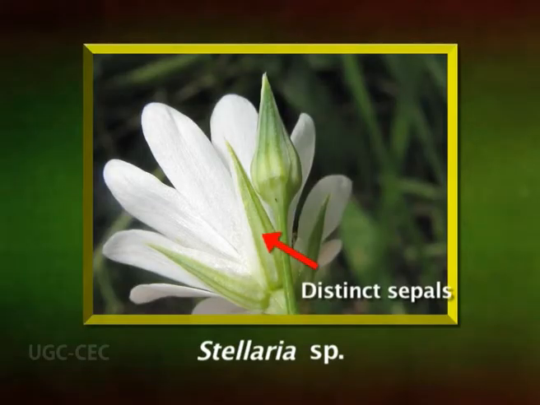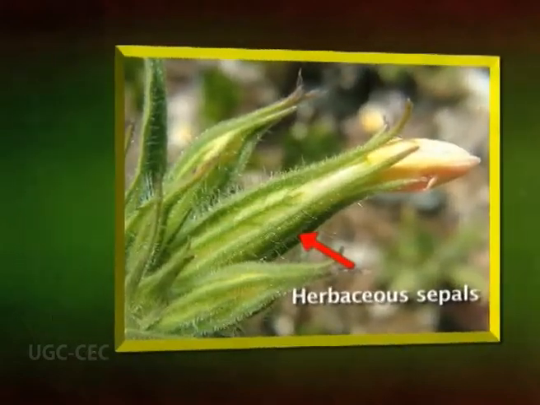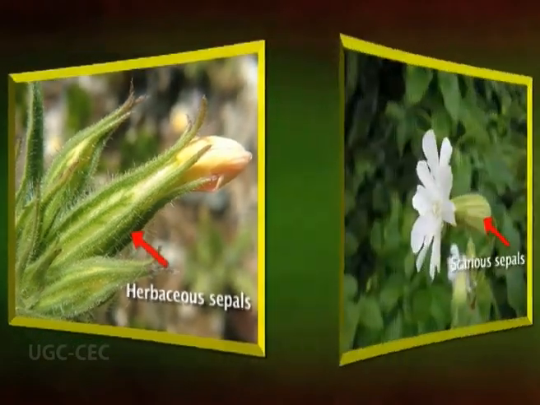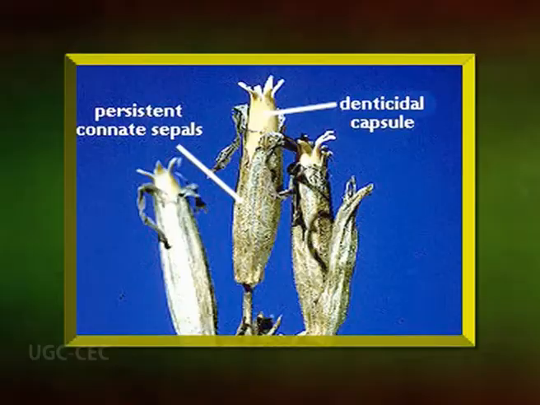Or sometimes the sepals are distinct or aposepalous, as we can see in Stellaria. The sepals are herbaceous or scarious, regular and usually persistent in the fruit with imbricate aestivation.